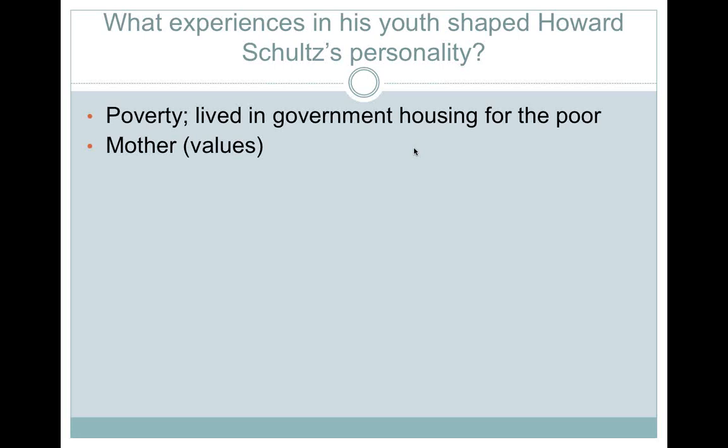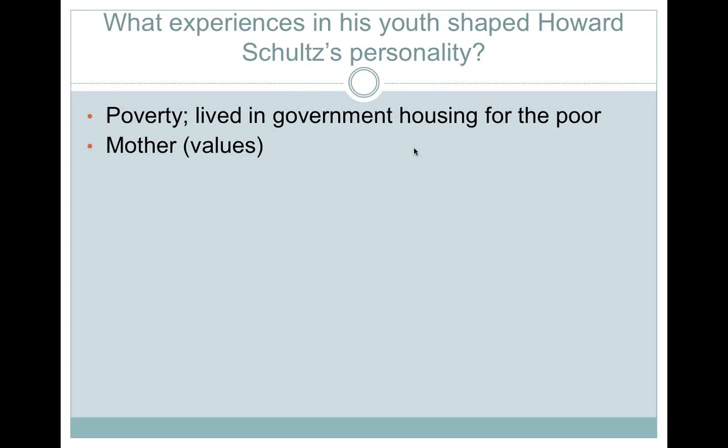Okay. Well, one thing that is noted in the longer case is how important his mother was in shaping his personality and in giving him the values that he has. He said they were so poor when he was growing up.